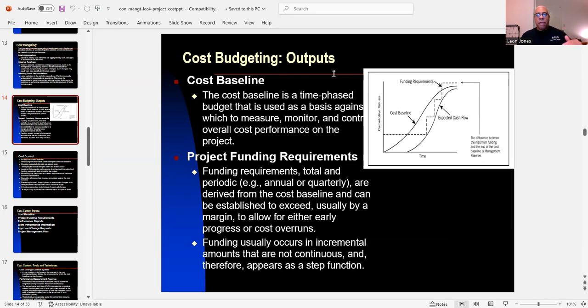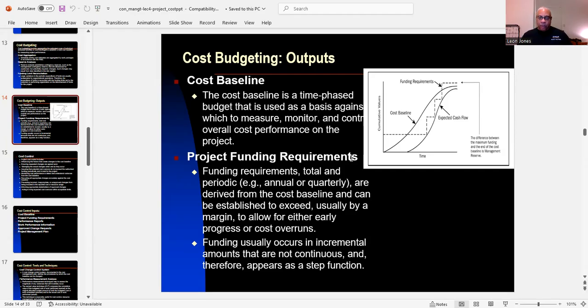Now, the cost baseline is a time-phased budget that is used as a budget against which to measure, monitor, and control overall cost performance on a project. And this is what you have here. Time and cumulative values. And here's your expected cash flow.